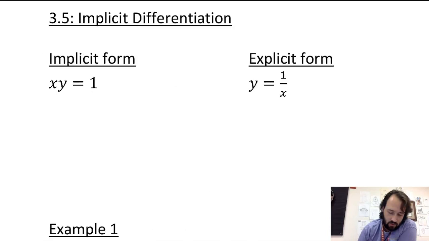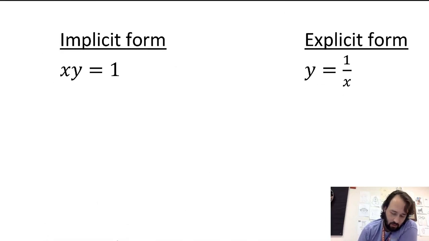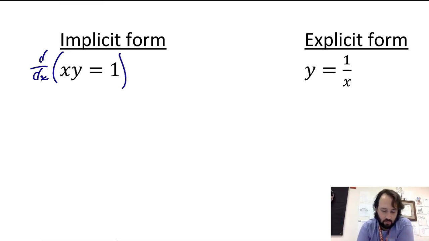And this is where using the chain rule is really important. Let's say I want to take the derivative of xy equals 1 with respect to x. This first part is a product rule, because we have x and we have a function of y, whatever that is.